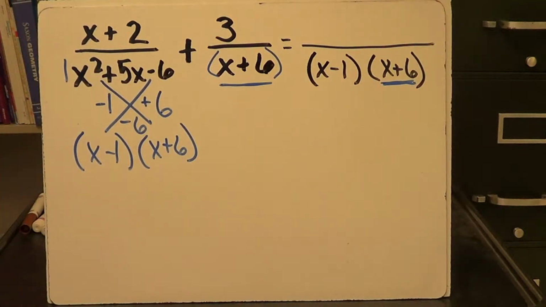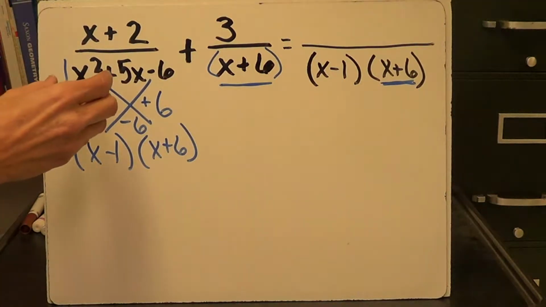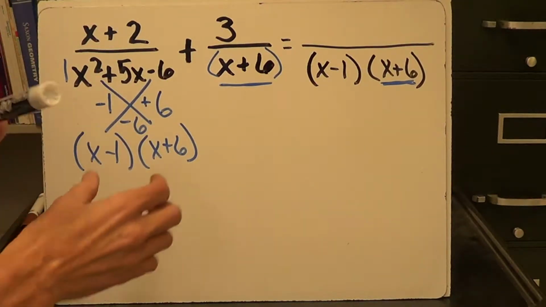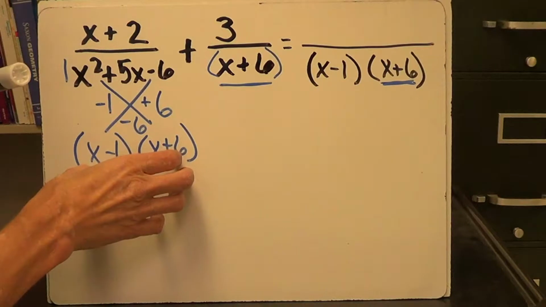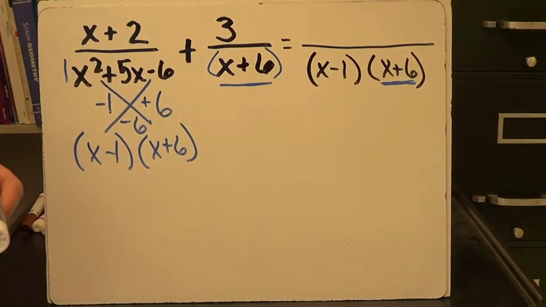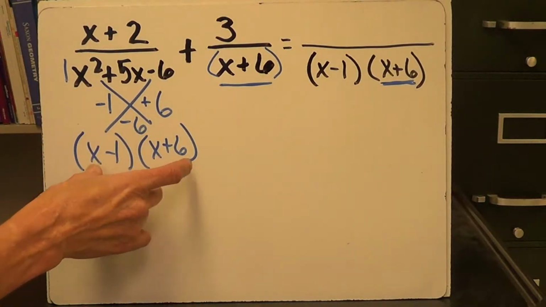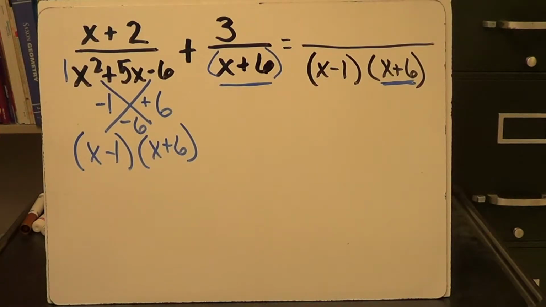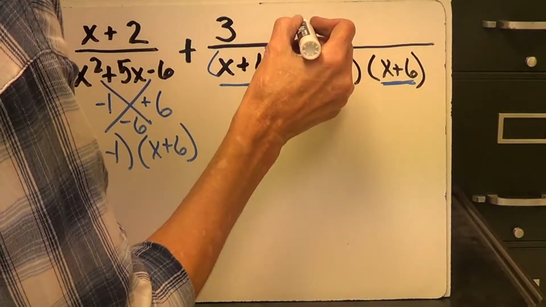Okay? So all that we're going to do is make sure that if we had to multiply anything by our denominator, we also multiply it by the numerator. So looking at this one, did we have to multiply anything by this denominator to get that? No. So we can just take our x plus 2 and move it over there.